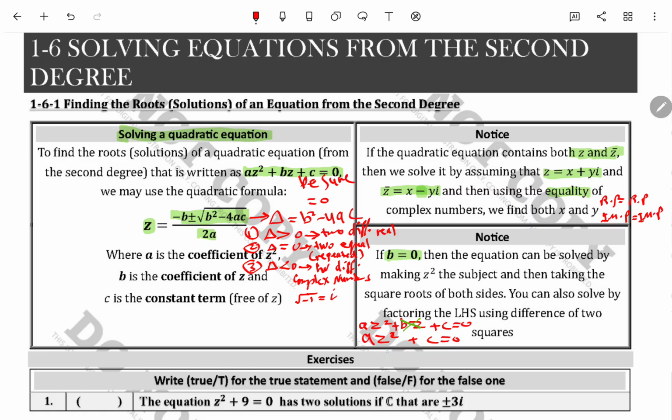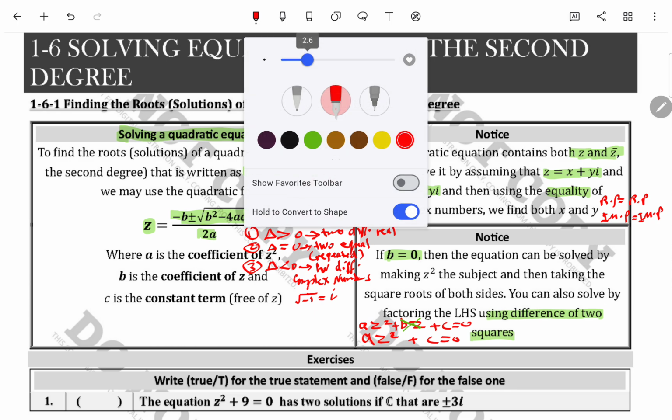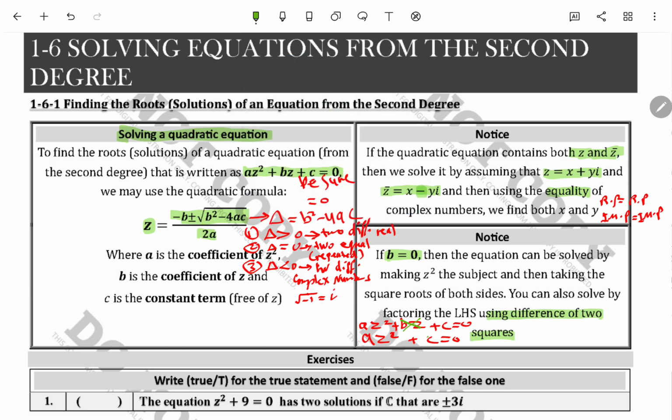The first way is factorizing them by the difference between two squares. Or you can move this c to the other side, and that will change its sign from positive to negative, to be az squared equals minus c. Then divide both sides by a to get z squared equals negative c over a.